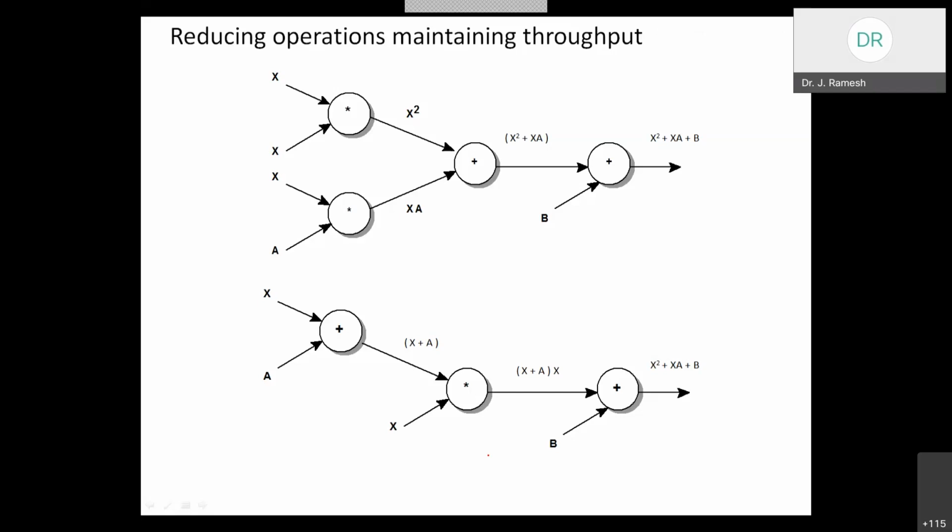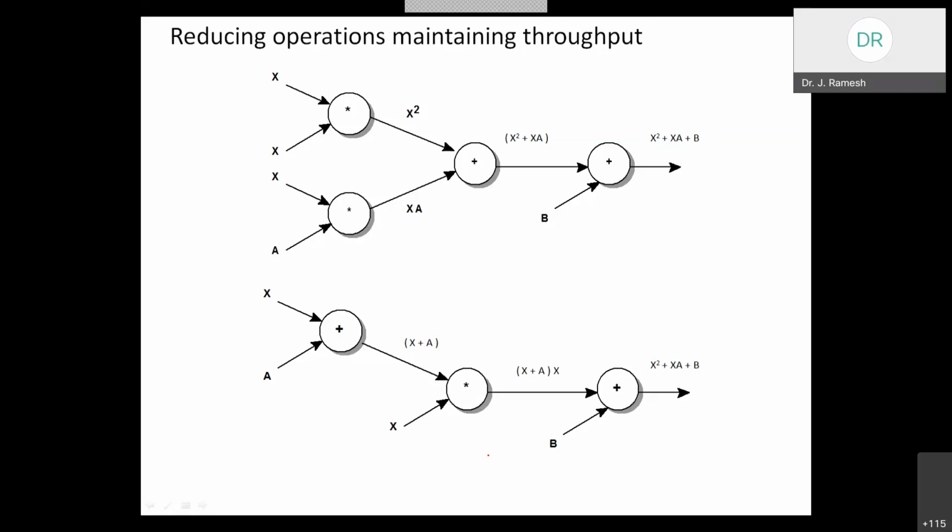Okay, so we know that instead of having x square plus xa plus b, we can also implement that in this form. That is, x and a are added up first, so we get x plus a. For the first 2 terms we are trying to take x common.